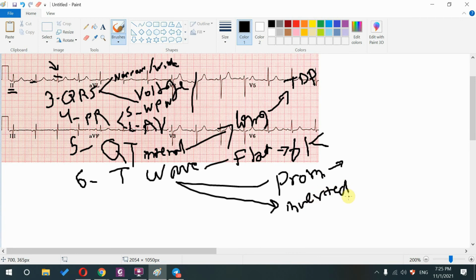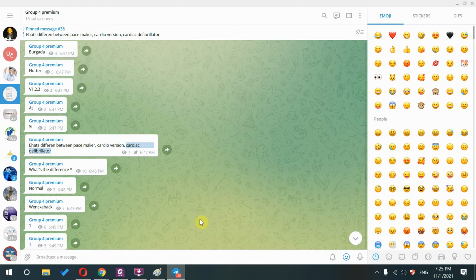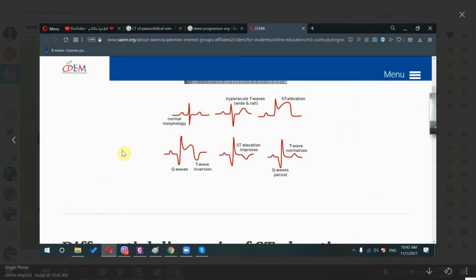So here is the thing. Some of you said prominent is ischemia, inverted is ischemia, and both of you are correct. So how come it can be inverted and it can be prominent at the same time? Take a look here. This is the progression of MI. If you can see here, we have the T wave, and voila, the T wave is elevated.